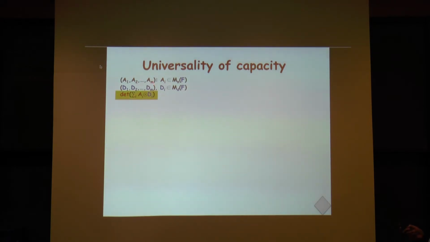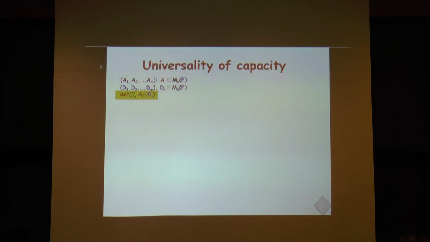So it turns out that for the analysis of the algorithm, in fact for proving this lower bound, you need to take the tensor product of two operators, which is a very natural thing in quantum information theory. So you can have two tuples, each representing an operator. The measure you want to understand is the determinant of the sum of these tensor products.